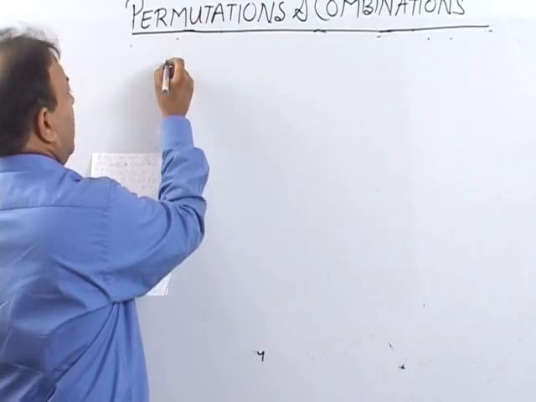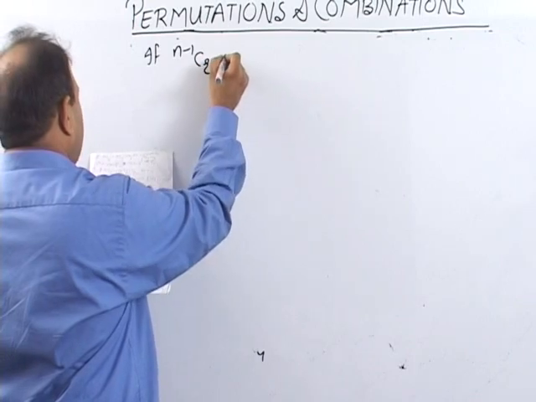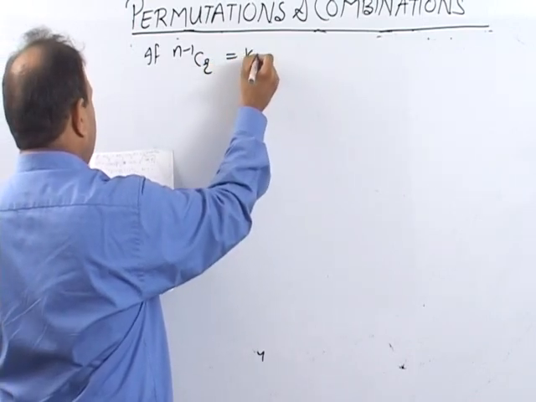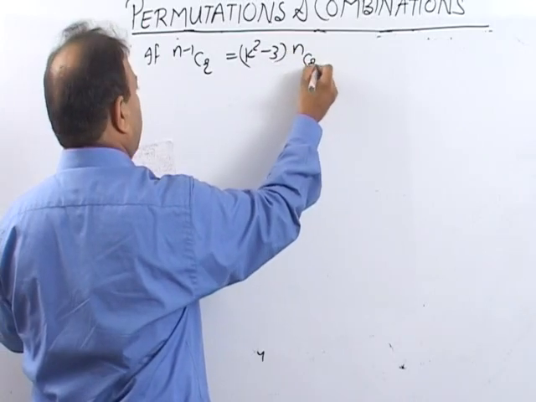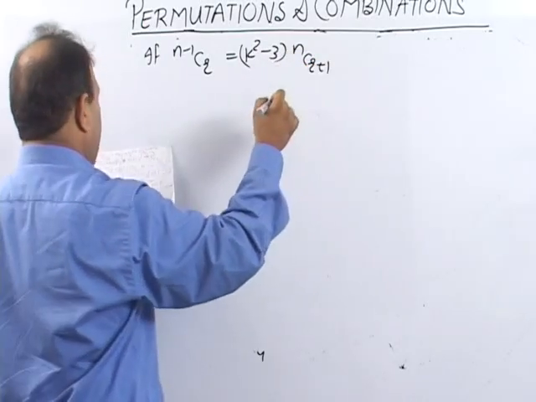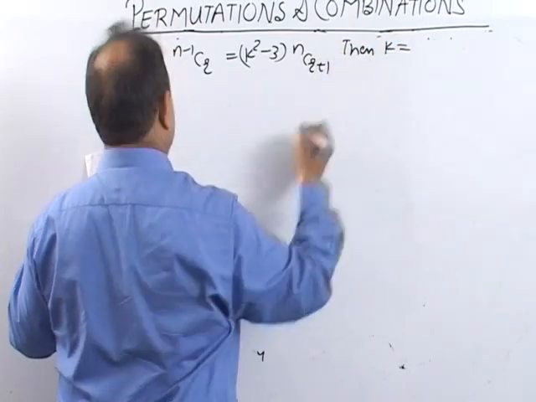Next question is, if (n minus 1)Cr is equal to (k square minus 3) into nC(r+1), then k is equal to what?